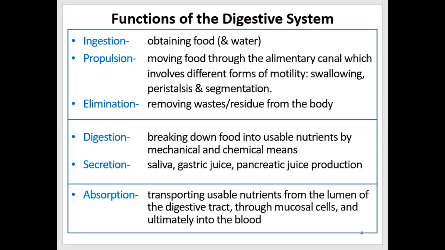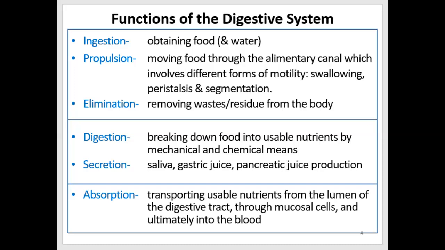So the organs that perform this type of secretion include the salivary glands, which produce an enzyme that breaks down carbohydrate, the stomach, which secretes enzymes that break down proteins, the liver, which makes bile, and the pancreas, which secretes many types of enzymes breaking down several different nutrient types.